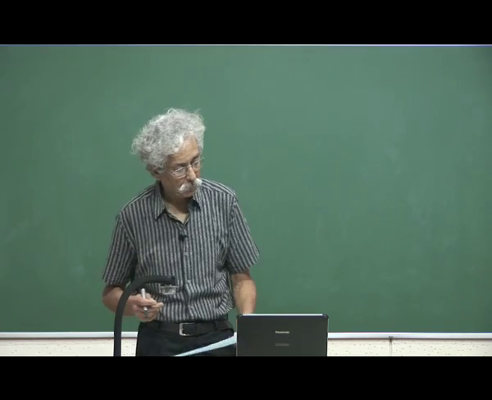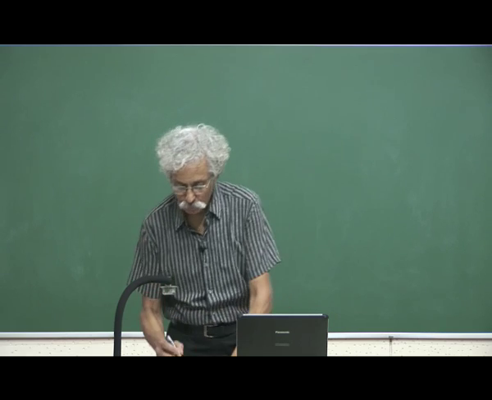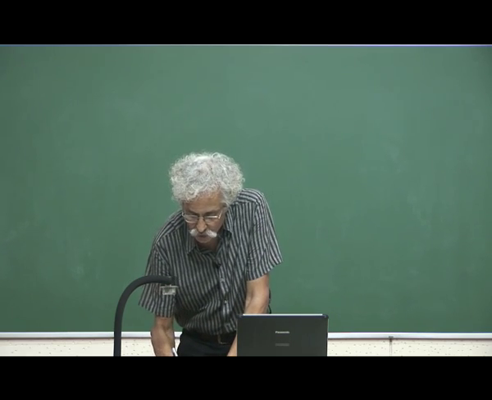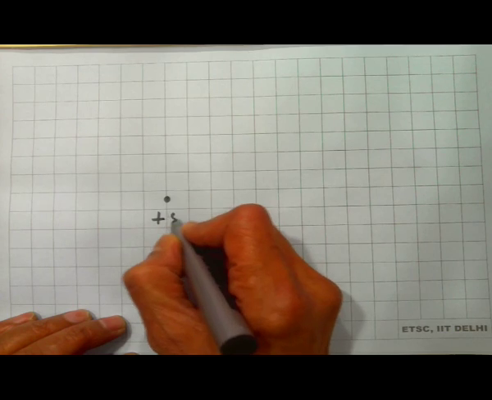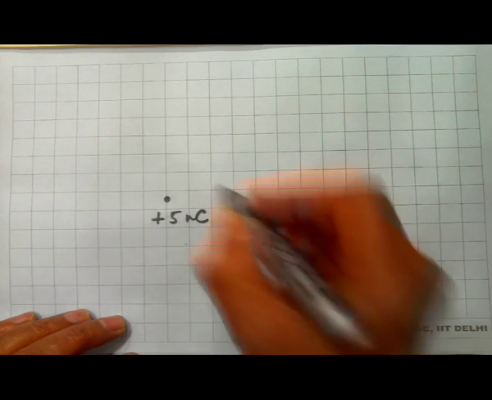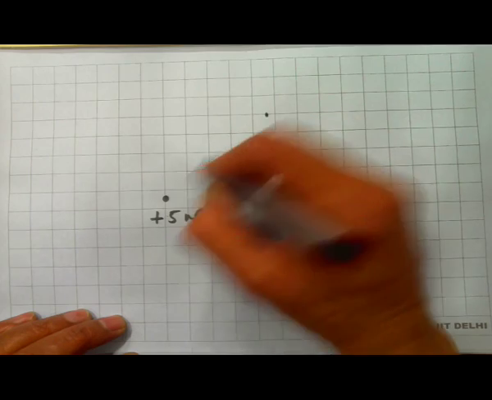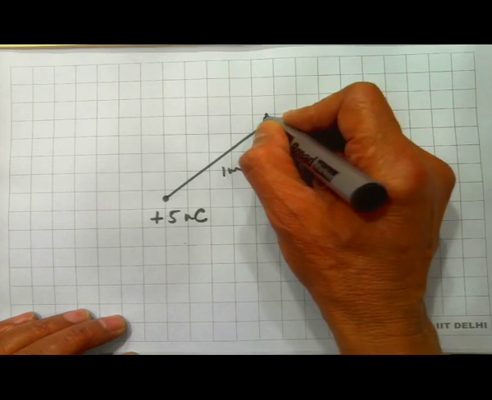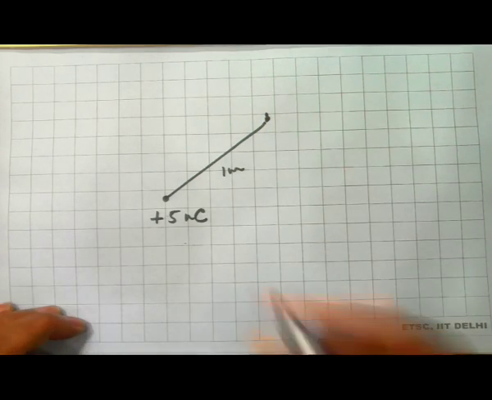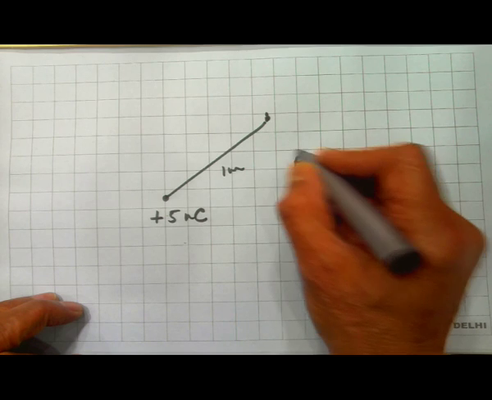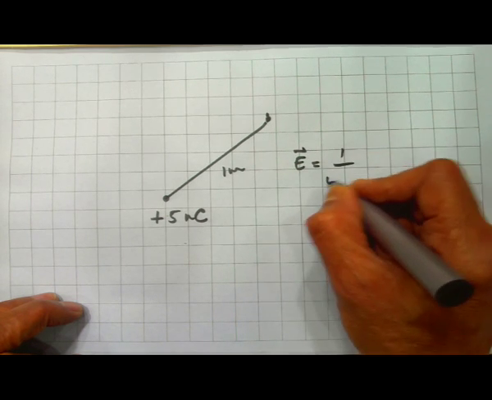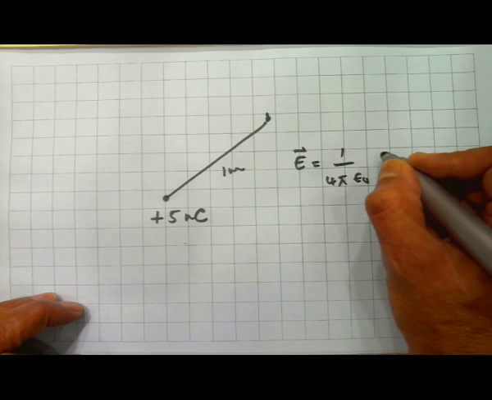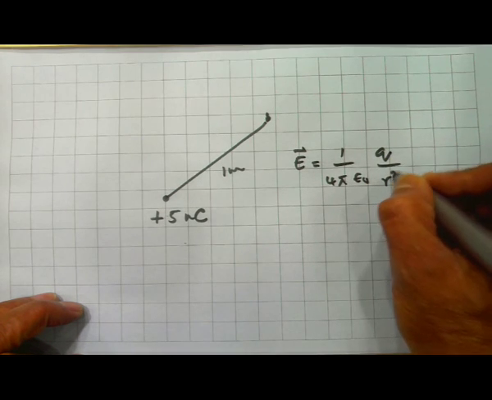Now, let me for example calculate, suppose I have a charge here, say plus 5 nanocoulomb, and I want to calculate the electric field at a distance of say 1 meter from here. What is the electric field I want to calculate? So, I can use this formula, E is equal to 1 by 4 pi epsilon 0 q by r square into r cap.